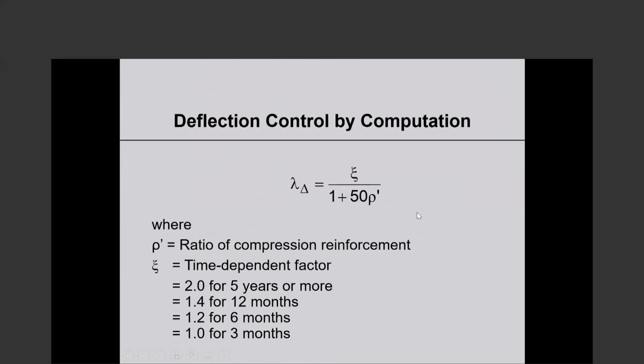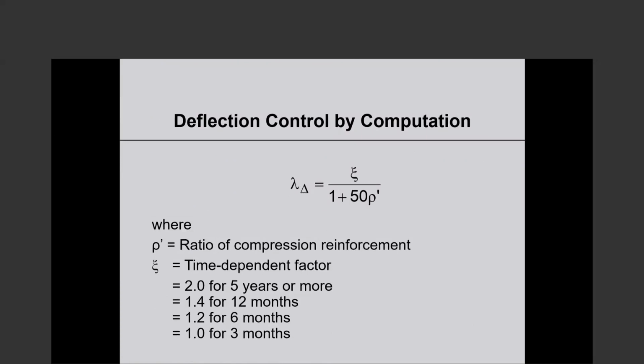We simply multiply the short-term deflection by a lambda sub delta, and that lambda sub delta times the immediate deflection is the time-dependent deflection.